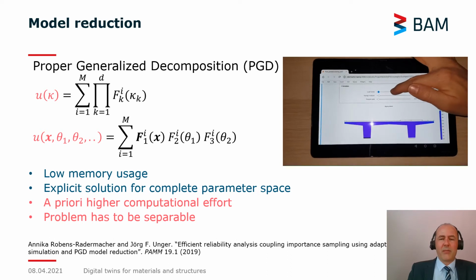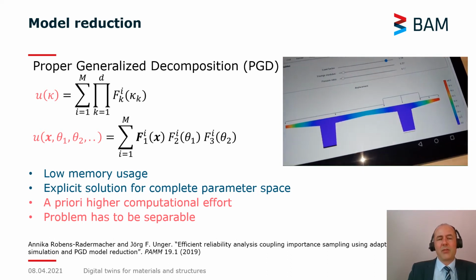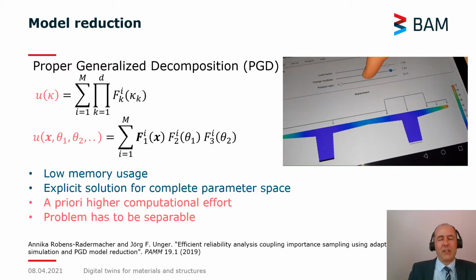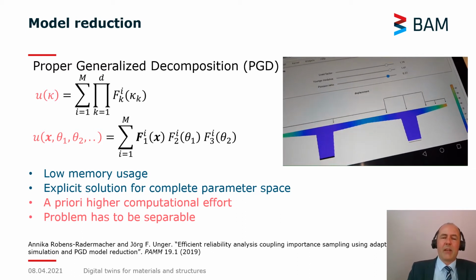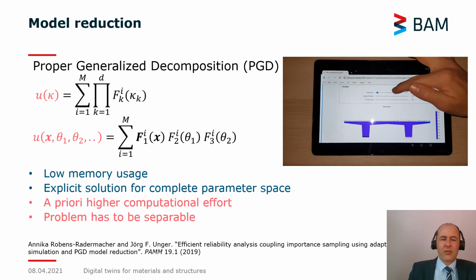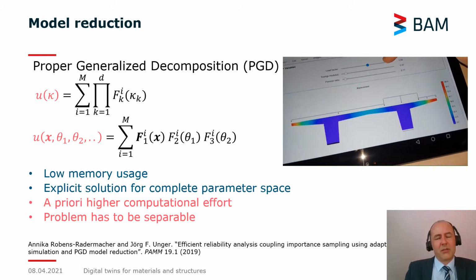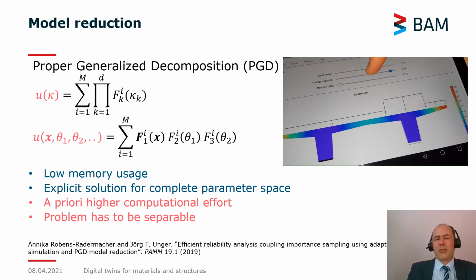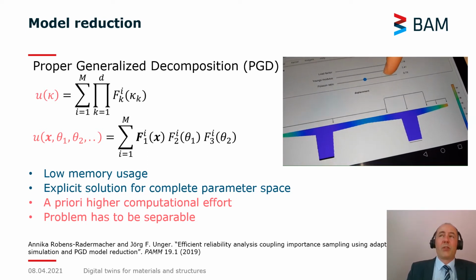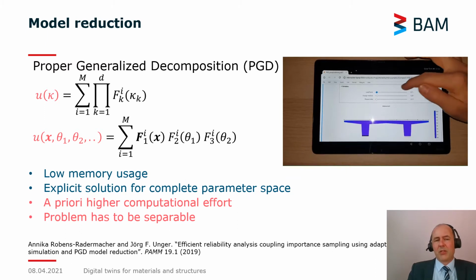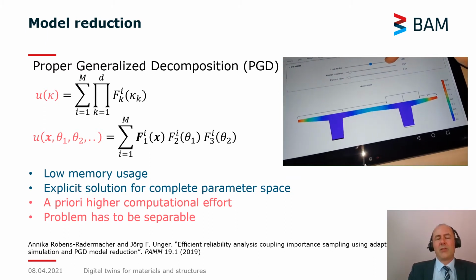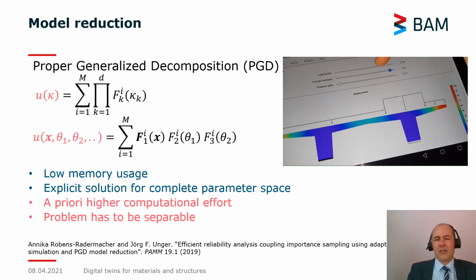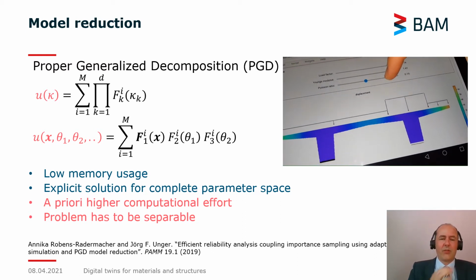The idea of this PGD approximation is to essentially build an abacus, like a response surface, but it's a physics-based response surface based on this decomposition of your degrees of freedom, so your solution field. You essentially compute a priori the response for all the different parameter configurations, and then you can use that in an efficient manner in the parameter identification procedure.